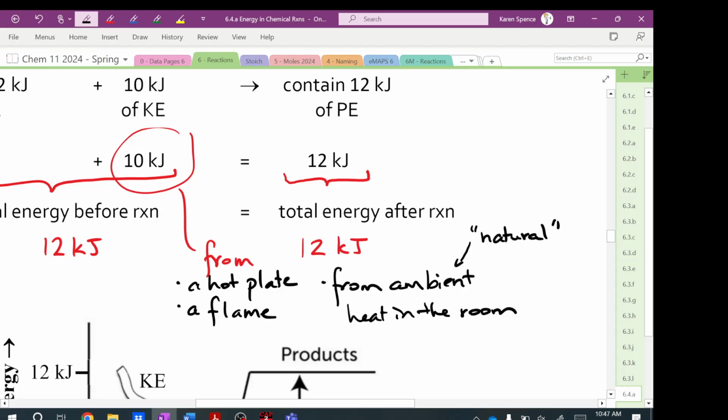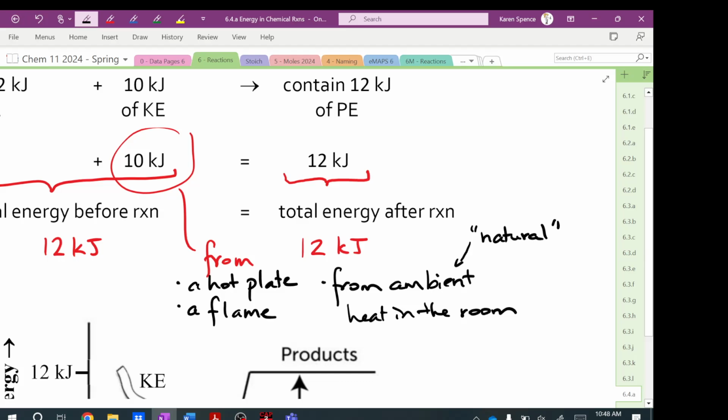Oh, you just need to know that that is kinetic energy. So that's energy of heat.